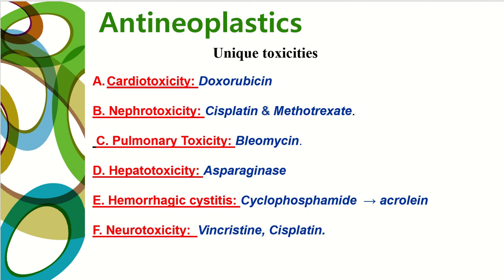So remember what we said earlier in terms of drug combinations. You want to choose a combination that does not have similar toxicities, right? So it's important. That's why I mentioned these unique toxicities.